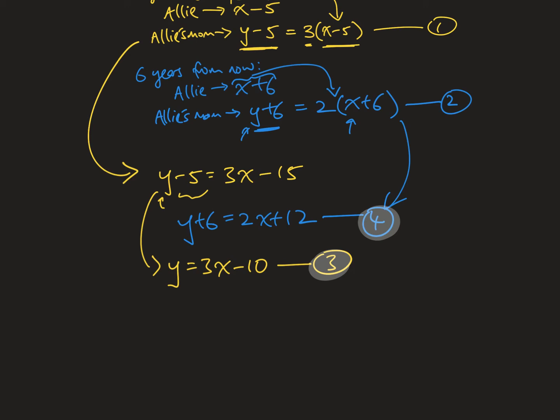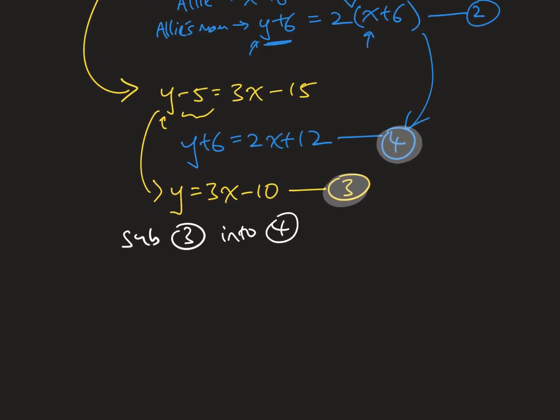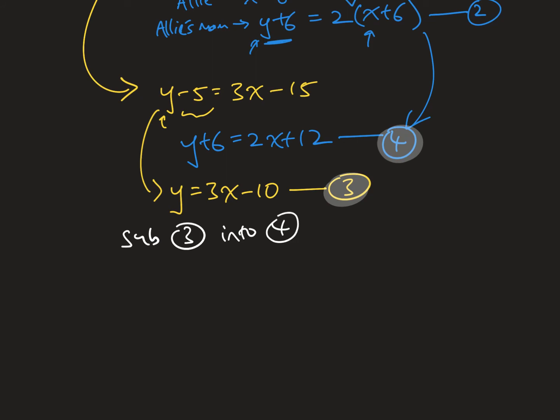So let's substitute equation 3 into equation 4. So y equals 3x minus 10. So we have y plus 6, that is 3x minus 10 plus 6, and we are substituting into equation 4, right?